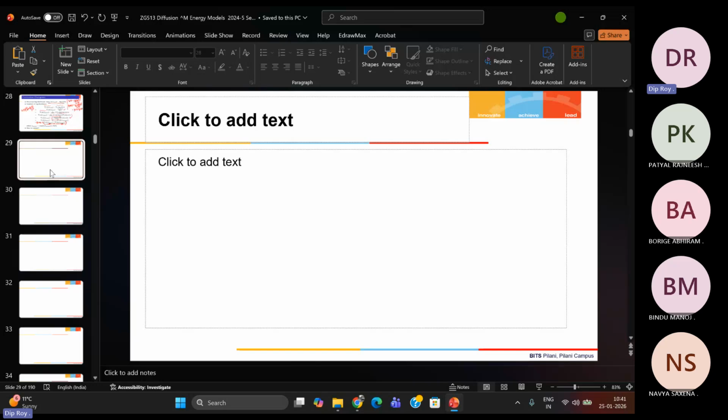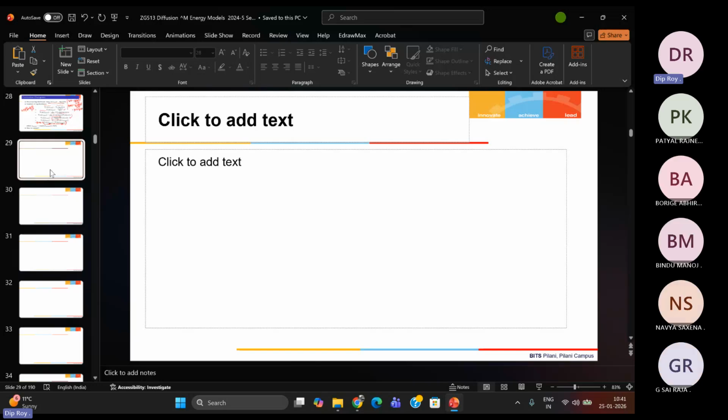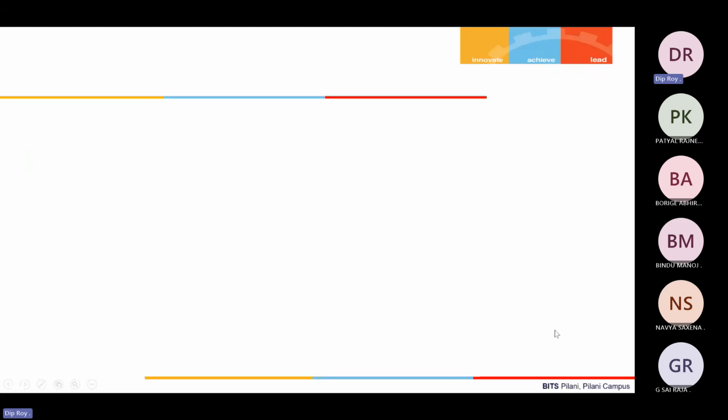But before I move any further with this topic, I would like to spend some time on some important concepts in energy-based models, just to make sure that you all understand, both intuitively and mathematically, why we need these kinds of energy-based models.